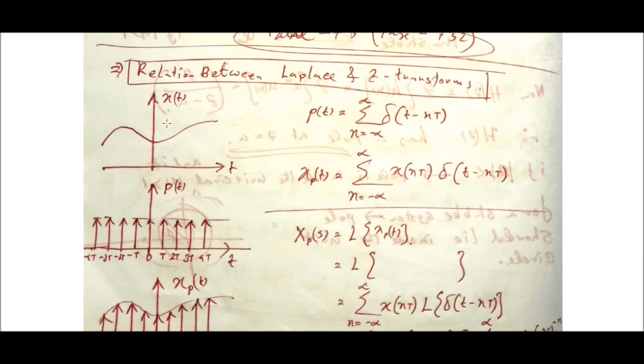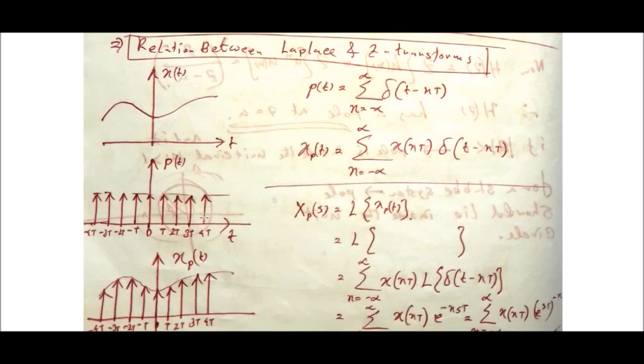Suppose you have a continuous time signal like this, x(t), and now you have a train of pulses p(t), a train of delta functions having amplitudes of 1 all, and now multiply them. The train of pulses is the summation of n equal to minus infinity up to infinity, delta(t minus nT). See that if you put n equal to 0, it is delta(t).